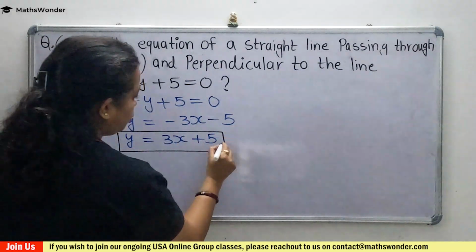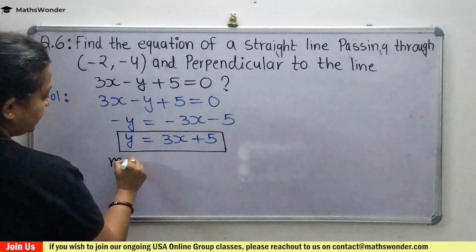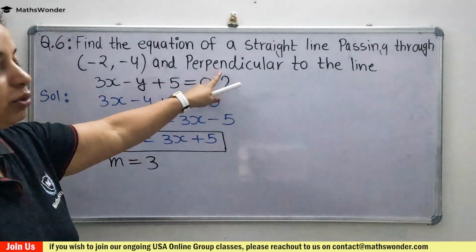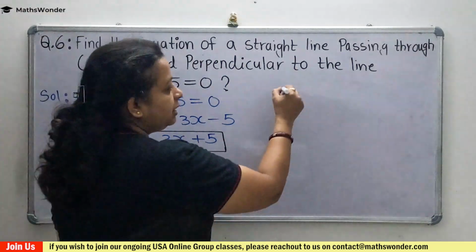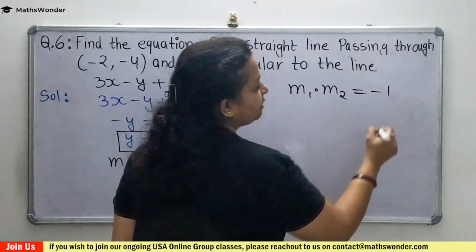Easily converted into the y-intercept, slope-intercept equation. Now, as you know, what is the slope of the given line here? Slope is 3, yeah? Because the other line is perpendicular, what is the condition of perpendicular? m1 times m2 must be -1, right?